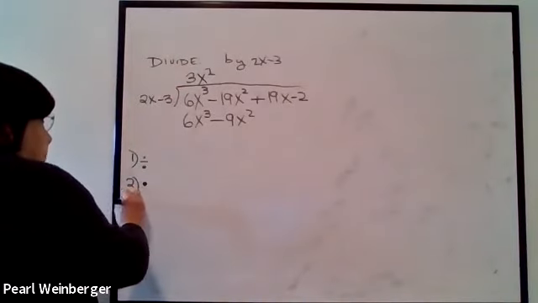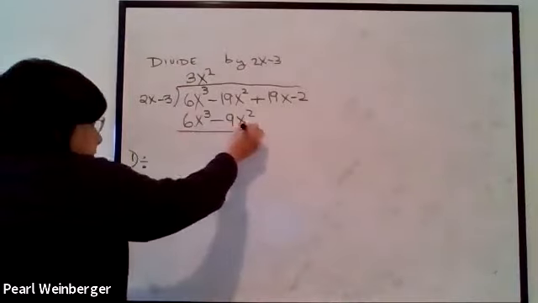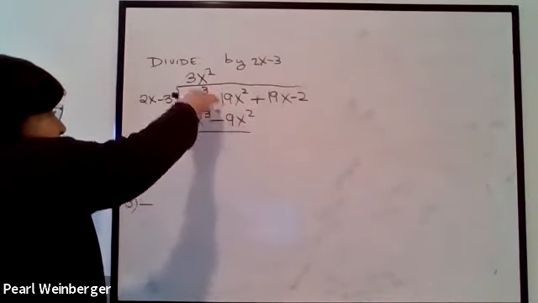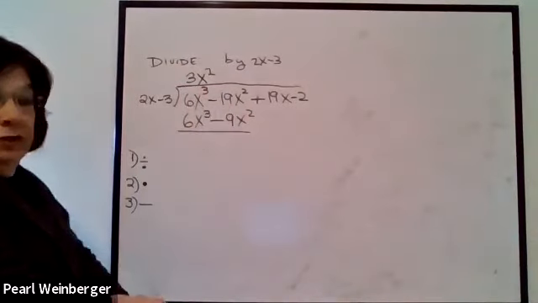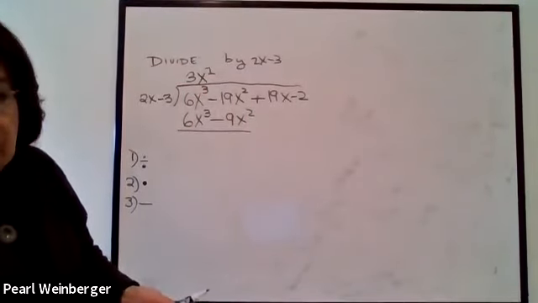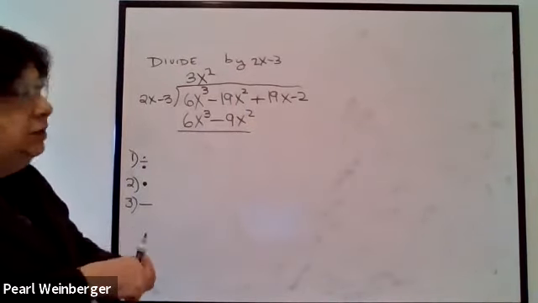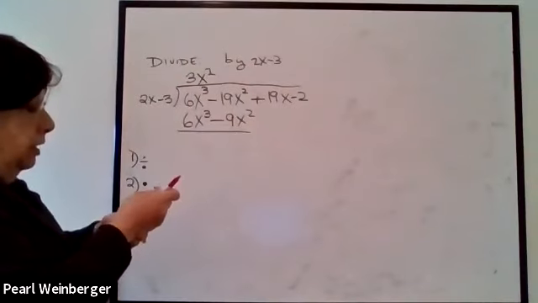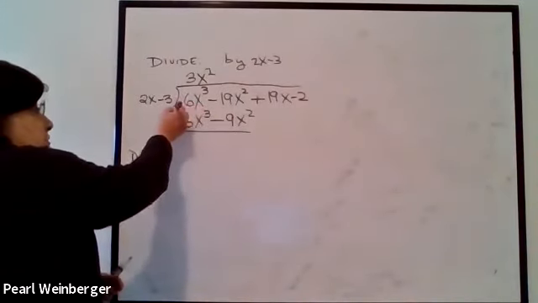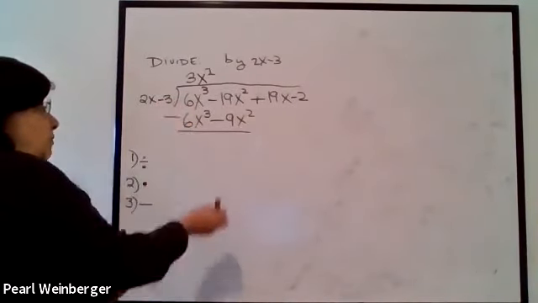The third step we do is subtract. We subtract what we just put down from what was originally there. And since this is polynomials, the easiest way to do the subtraction is to change the signs of each term and then just combine. So this 6x cubed was originally positive, so it's becoming negative.